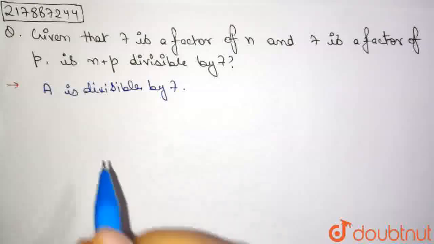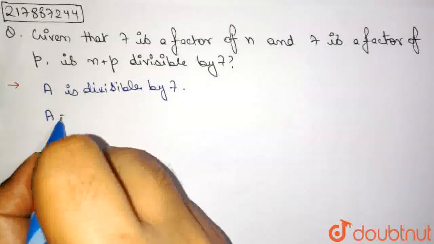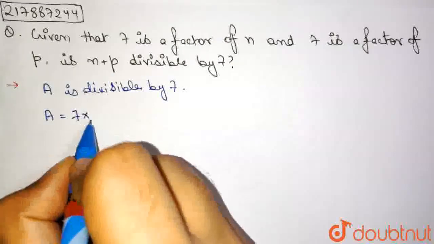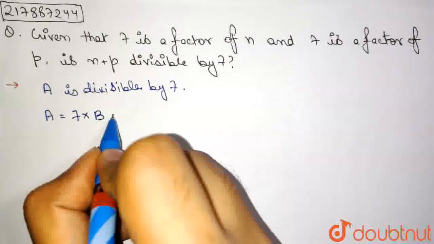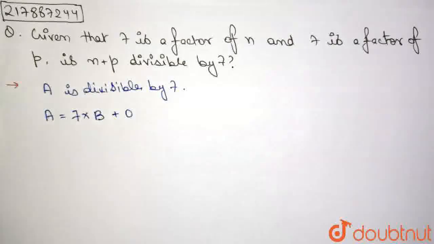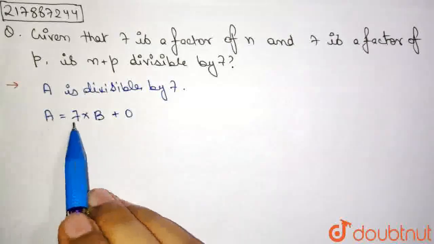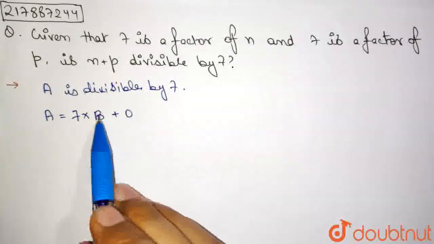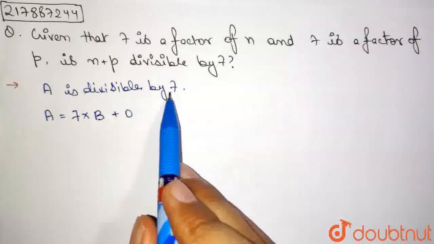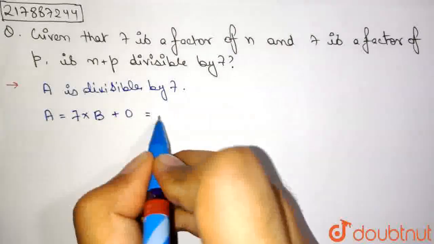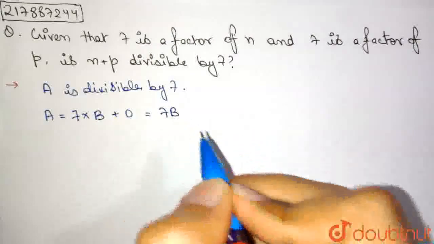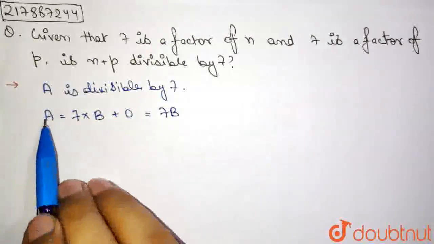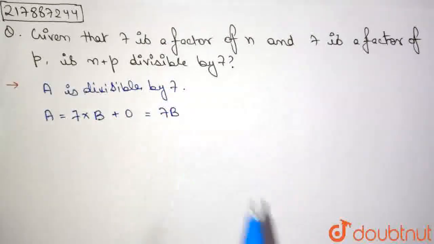So if there is no remainder, we can write the number a is equal to 7 times some value b plus no remainder, that means plus 0. So that number a is equal to 7 times something because it is perfectly divisible by 7 and there is no remainder. So simply I can write it as 7b, where b is some other number. So any number a which is divisible by 7, I can write it as 7b.